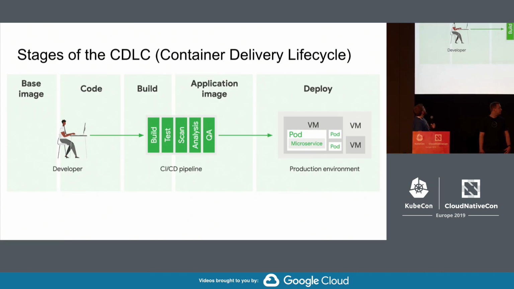So here are the stages of a secure delivery lifecycle. We've got to start with our base image. And we've got to start with trusted base images. We don't want to really start with just any old person's version of Alpine on the Docker Hub. You know, who knows what they've done with that.